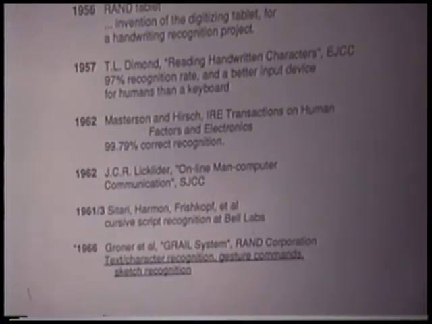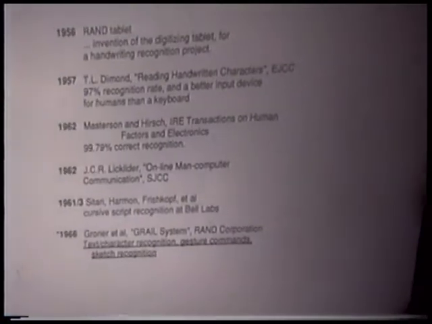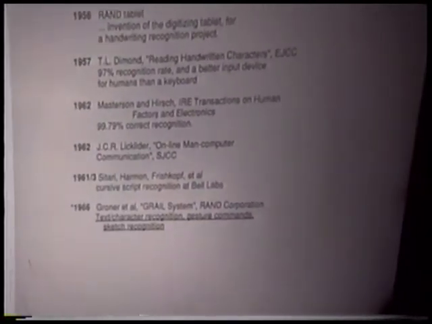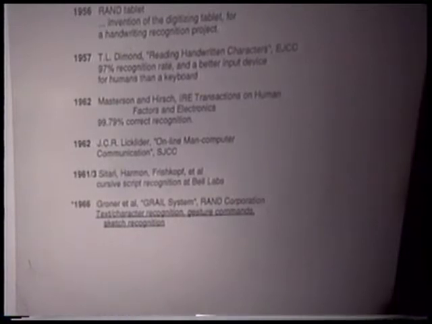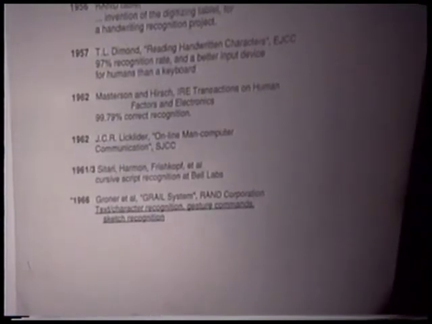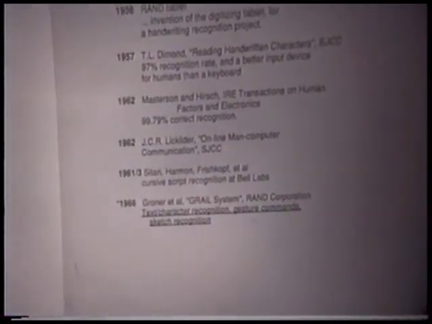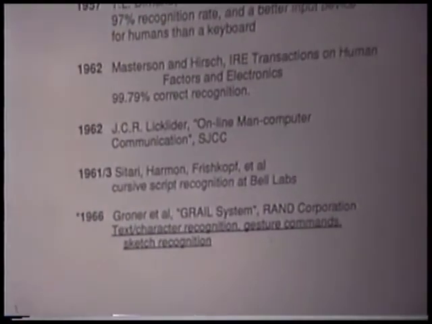1962, in the IRE Transactions, which is now the IEEE, a paper claiming 99.79% recognition. Also a paper in 1962 by J.C.R. Licklider, who worked on ARPANET, on online man-computer communication involving electronic ink and online recognition. 1961 to 1963, several papers and patents from Bell Labs on real-time, reliable recognition of cursive script.